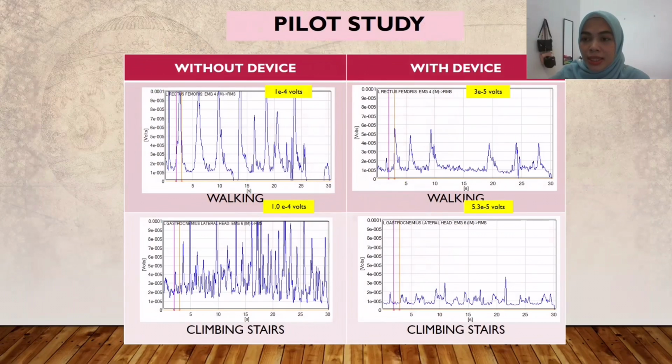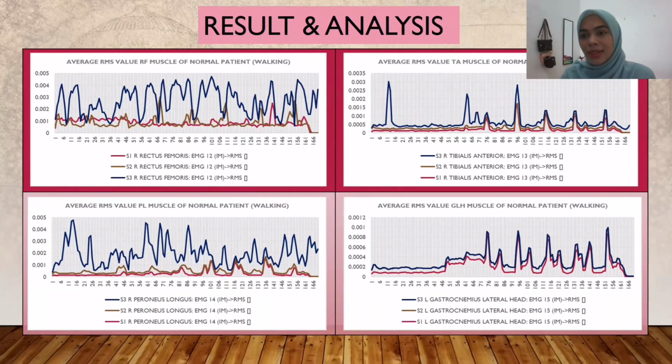This pilot study is a study that has been conducted prior, it is not too detailed. So this is the result from the pilot study. Then let's get to the most crucial part, which is the result and analysis. Based on this graph, this is the average RMS, which is root mean square value of 4 different muscles for normal people. So the reason for this data is to compare with the normal person.